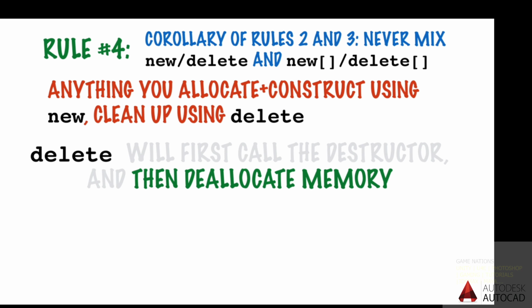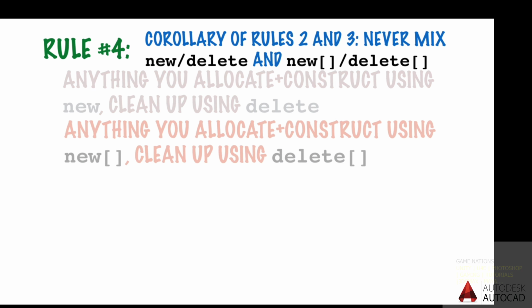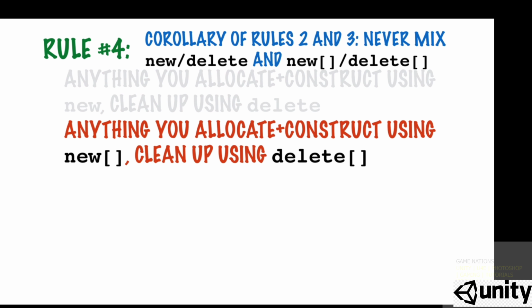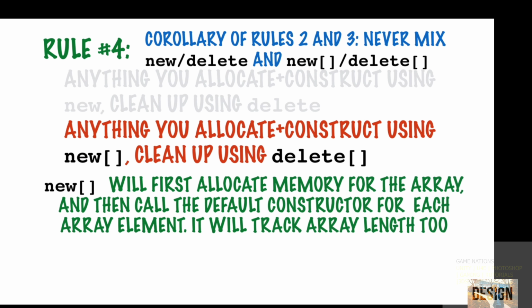Now let's consider how new with square brackets and delete with square brackets behave. We've already seen that anything that you allocate and construct using new with square brackets, we have to clean up using the delete keyword with square brackets. So what does new with square brackets do? It's used with arrays and it will first allocate memory for the array.